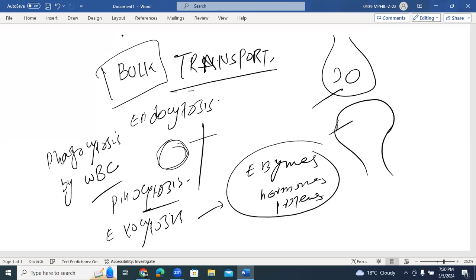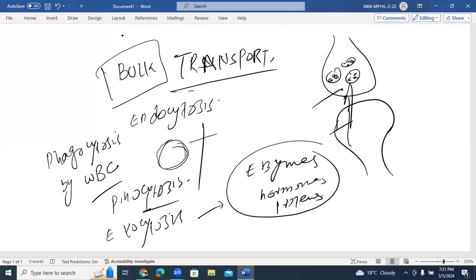There will be vesicles containing neurotransmitters. The vesicle fuses here and releases the neurotransmitters, which move across the synaptic cleft and get into the other neuron. So this is also a bulk movement.